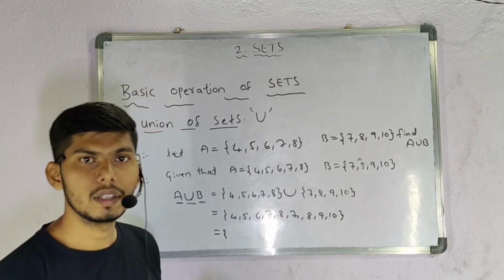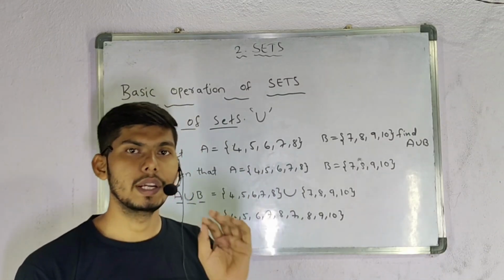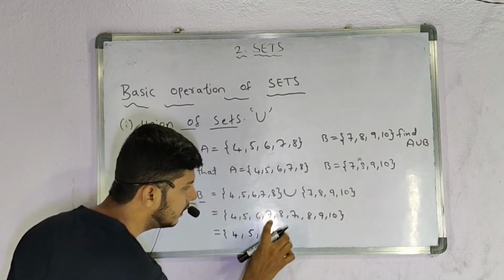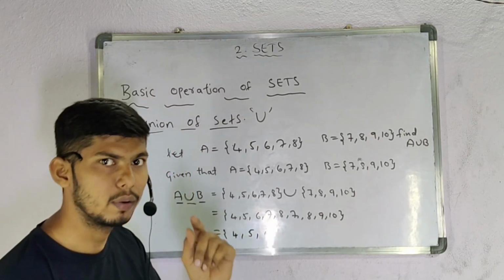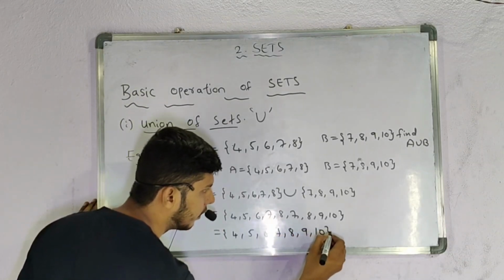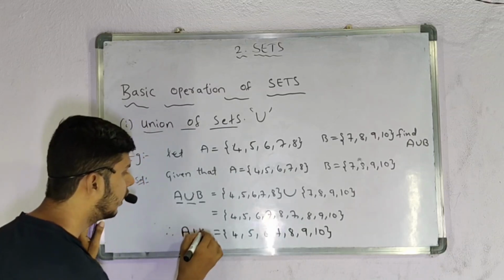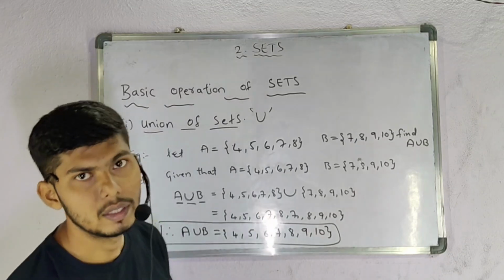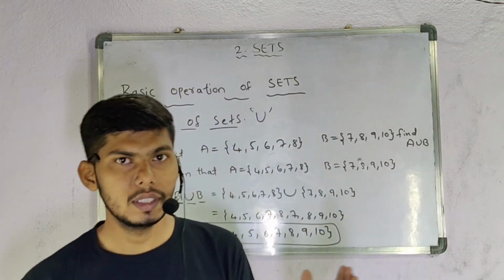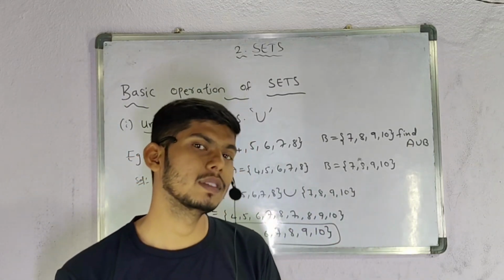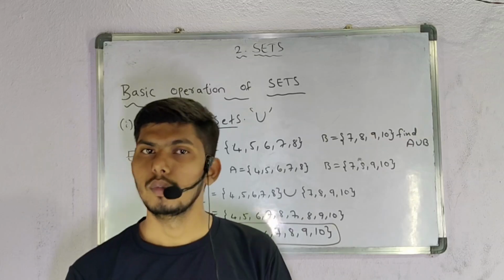We have to write them only once. Right, 4 5 6. Here see, 7 is repeated 2 times. We have to write it only once. 7 8 9 10. Therefore this is called A union B. I hope you understand what A union B means. First write all the elements together, then whatever elements are repeated, we have to write only once.